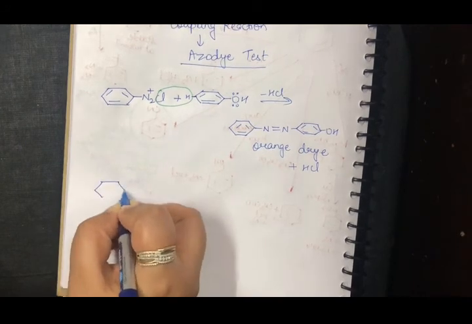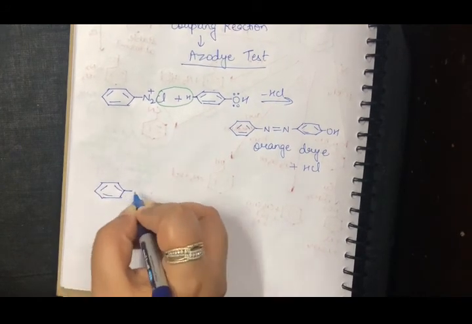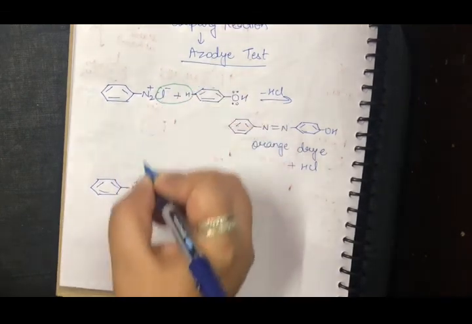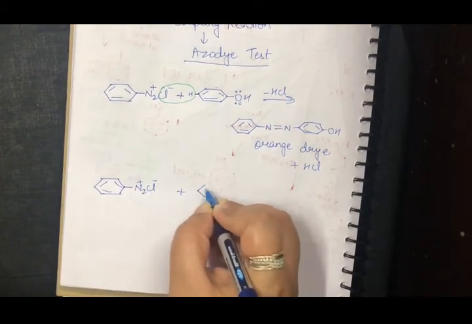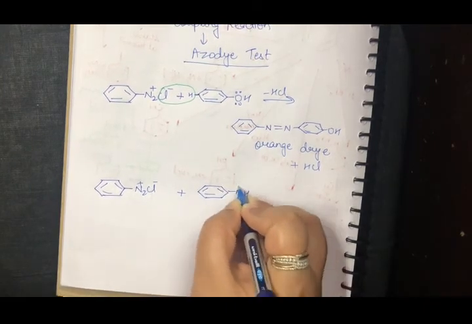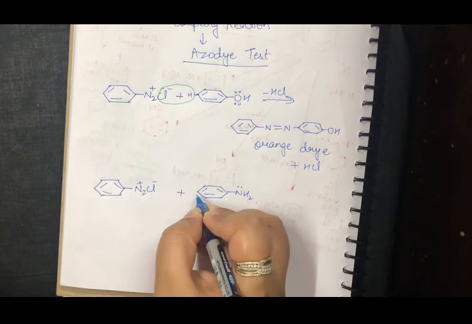Similarly, if I take the benzene diazonium chloride again, and I treat it with aniline. Now again there is the same thing. Here it is hydrogen.